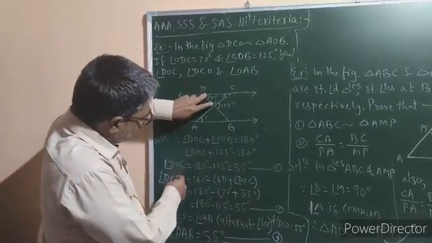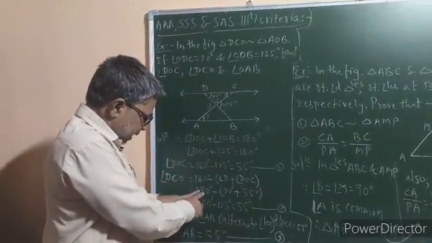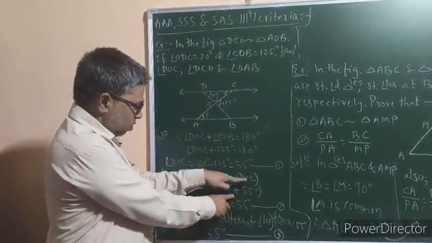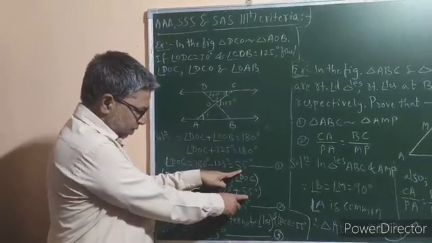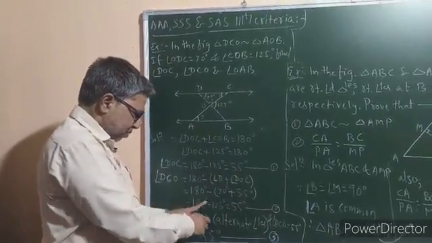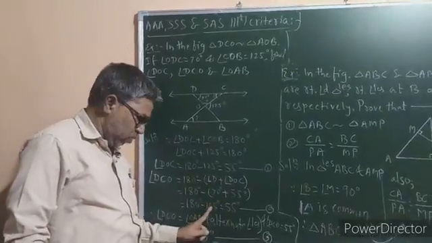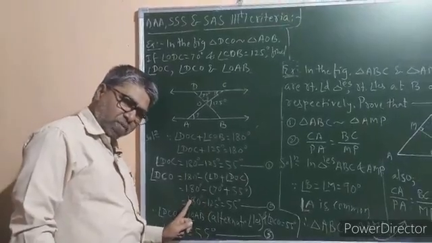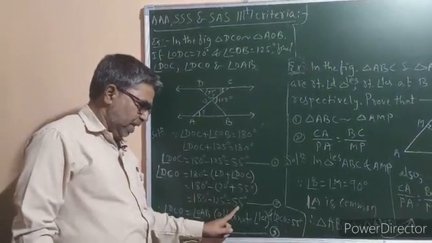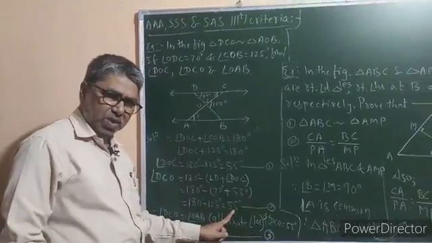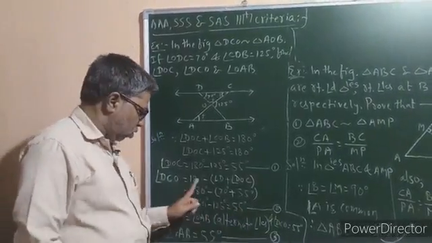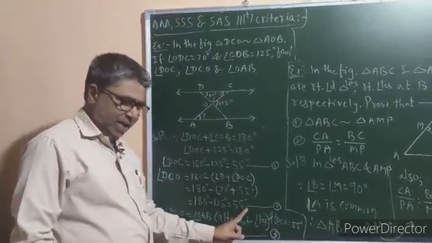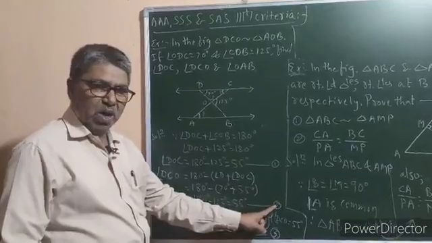So 180 degrees minus, angle D is 70 degrees plus DOC, which we just got as 55 degrees. 180 degrees minus 125, and if you subtract 125 from 180 degrees you again get the same value, that is 55 degrees. So the measure of angle DCO is 55 degrees. Call this number 2.